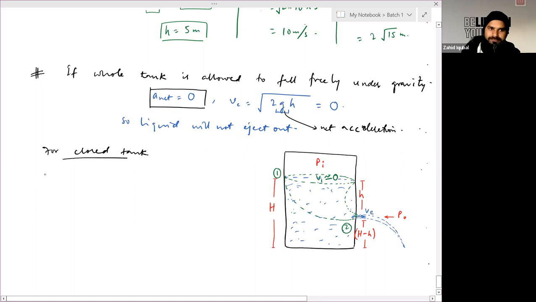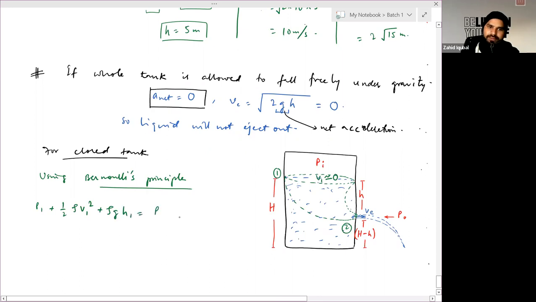So using Bernoulli's principle, you will say P1 plus half rho V1 squared plus rho g h1 equals P2 plus half rho V2 squared plus rho g h2.